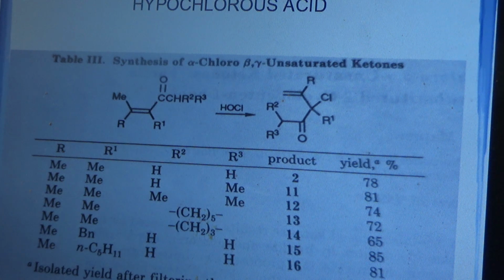So we used the same procedure: acetic acid is added to a solution of the ketone in methylene chloride, and calcium hypochlorite is added in situ to generate the HOCl, and that adds at 0 degrees, ice-cold temperature, to give the desired alpha-chloro compounds in yields ranging from 60 to 80%.